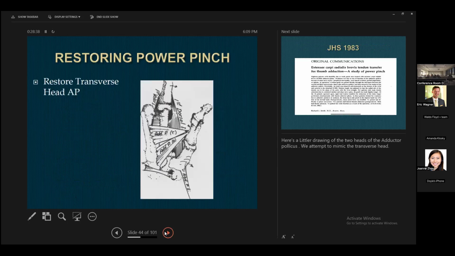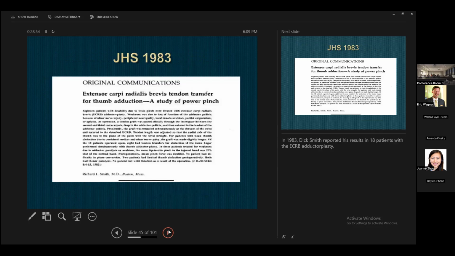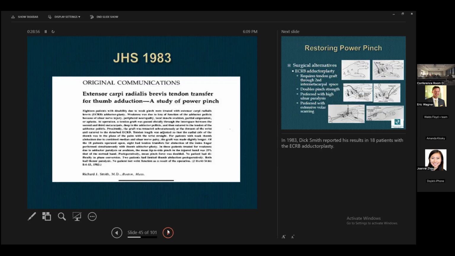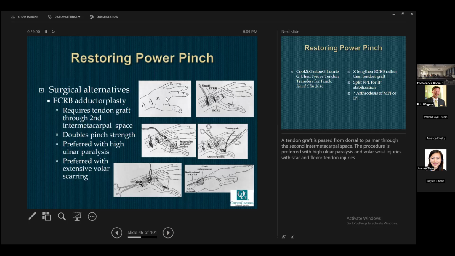So what we're doing when we're restoring power pinch is replacing or restoring the function of the transverse head of the adductor pollicis. And this is the ECRB tendon transfer, and it basically involves 4 incisions.